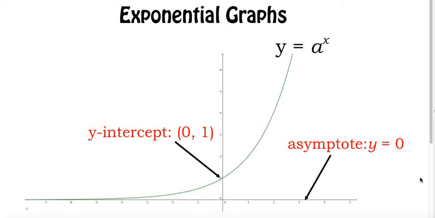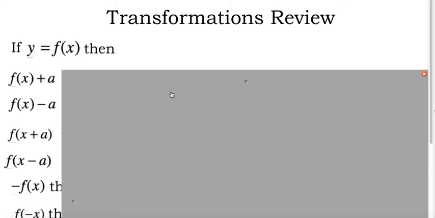And what we're going to do is investigate this parent function a little bit more closely and apply some of our transformation knowledge to this function. So you should have this blank on your page. What I would like you to do is, in a moment, pause this and say, if y equals f of x, so y equals some function, doesn't have to be an exponential function in this case, what happens to the graph if you add a number?